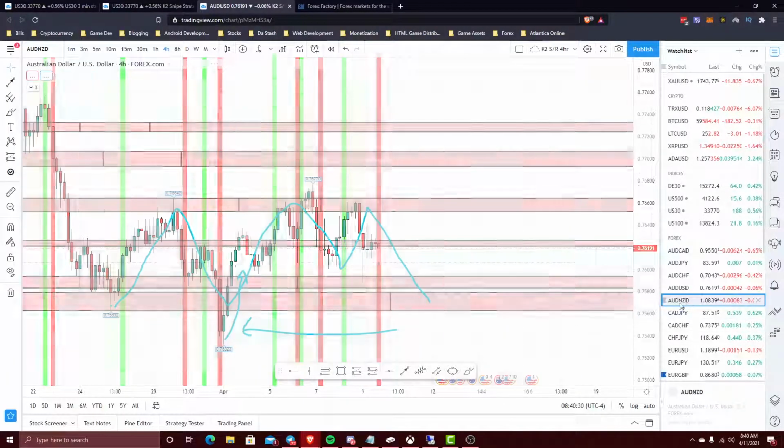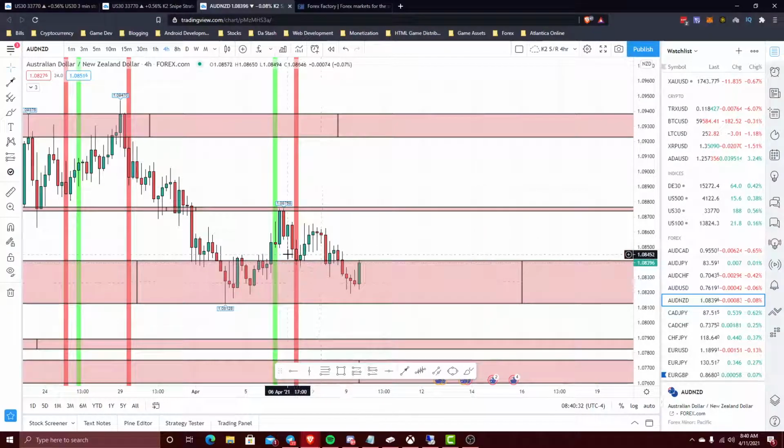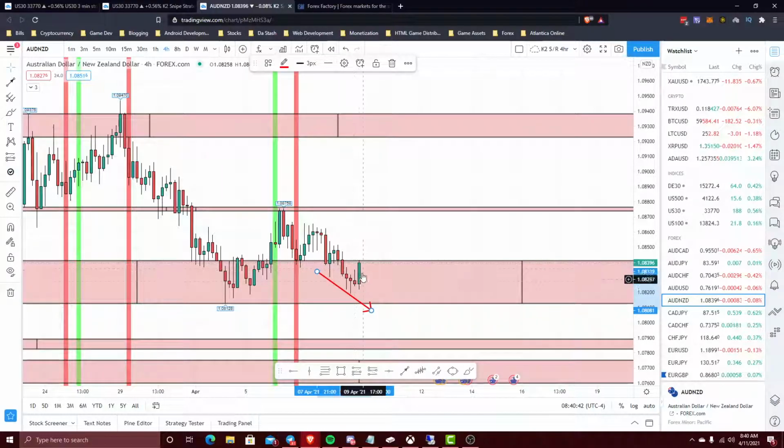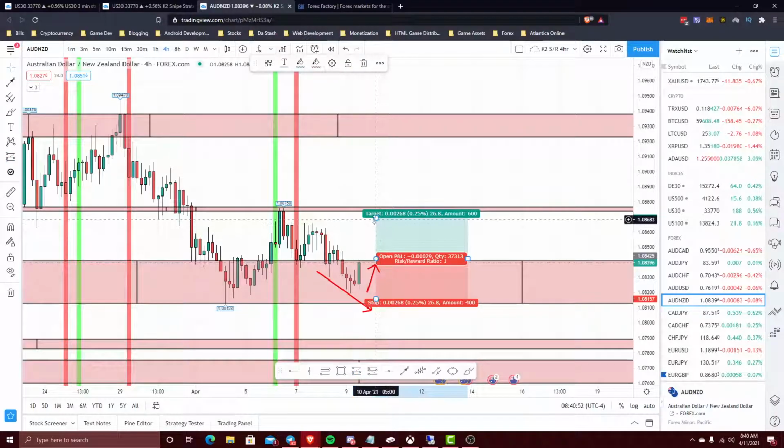So NZD, we have this bearish bias, which means that price may continue to go down, but with this last candle here, it seemed like it's trying to tap into the zone. It may break it. If it breaks, then I may take a trade right here up to this point, for like an easy maybe 30 pips.